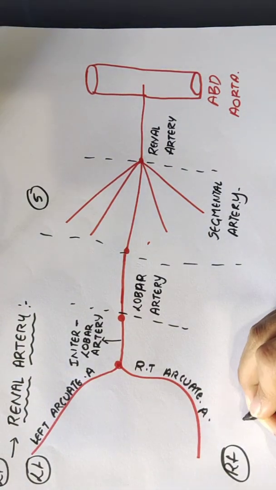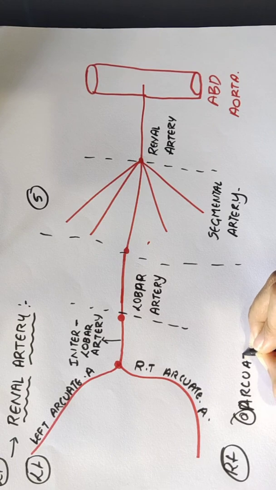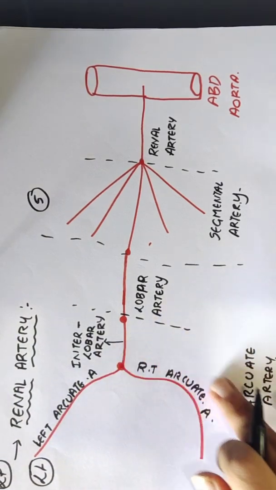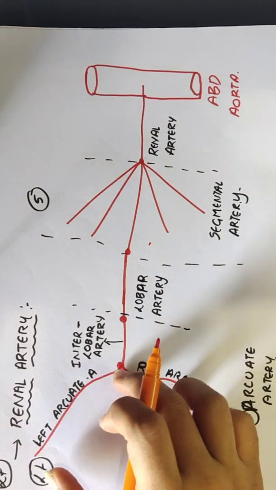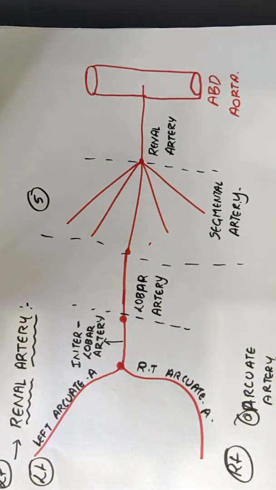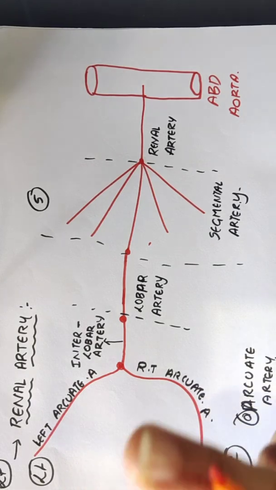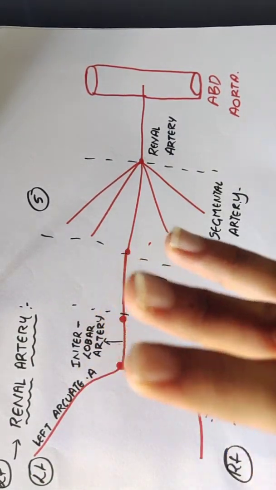So there are 2 main arcuate arteries, the left arcuate artery and the right arcuate artery. Each arcuate artery gives off 3 branches, which are called the interlobular arteries. So don't confuse the interlobar artery and the interlobular artery. Each arcuate artery gives rise to 3 interlobular arteries.